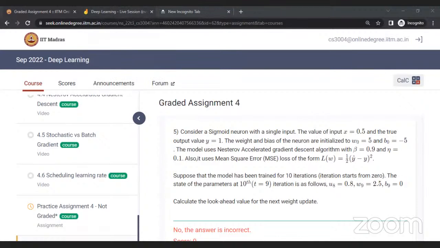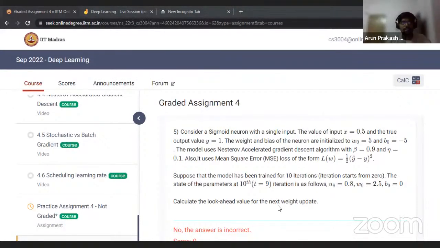It was in the slides. Okay, give me a second. So it's week number 5.